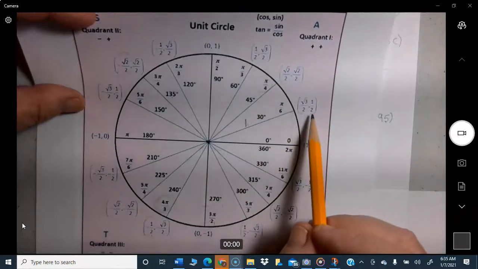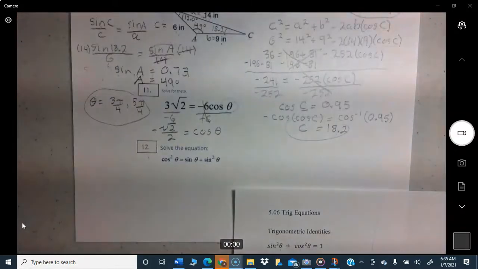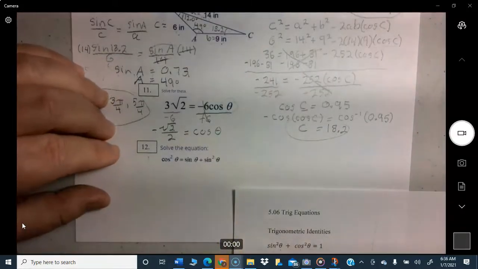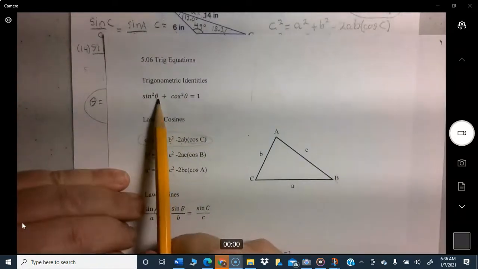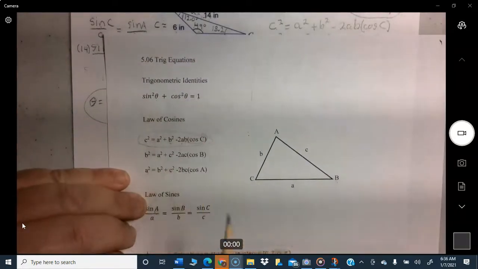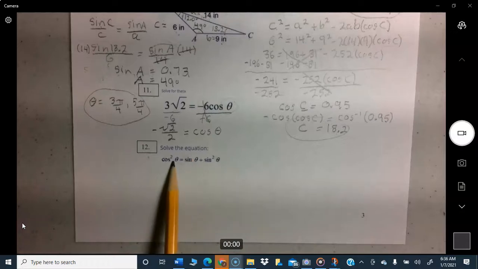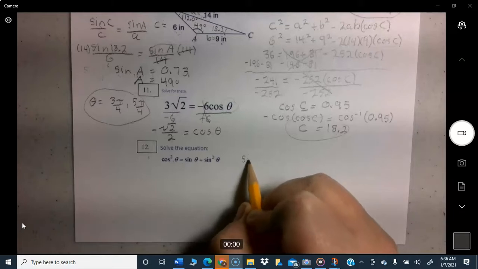So you don't really even have to understand that to do this, but what you have to do is make a substitution. If sine squared theta plus cosine squared theta equals 1, then we have a cosine here. Let's go ahead and change that into a sine. Now we know how to do that. So we'll write that relationship.